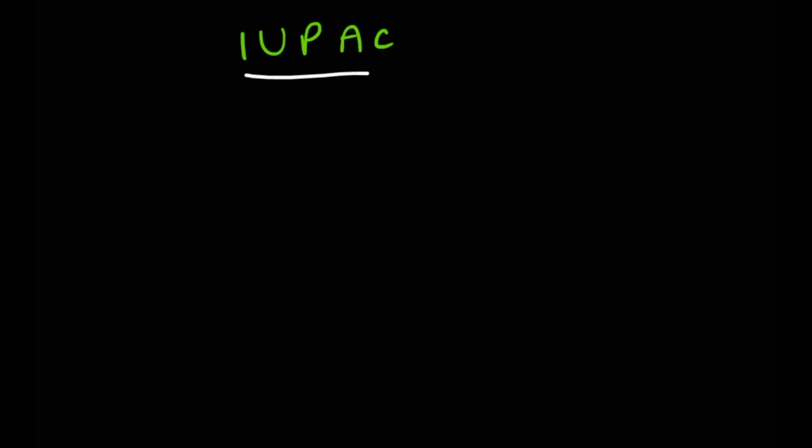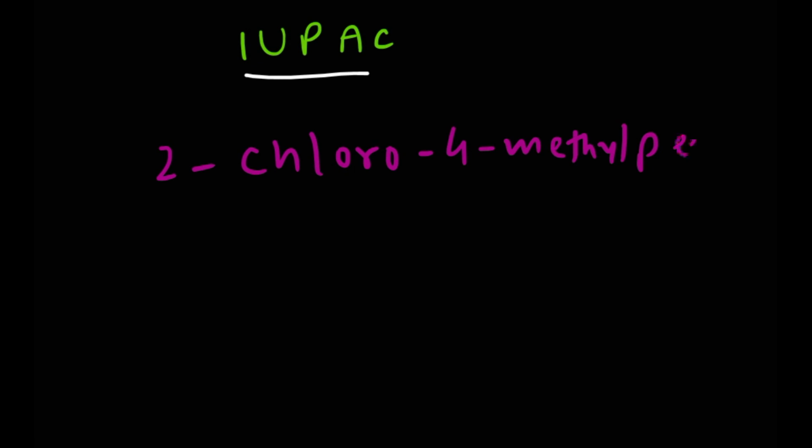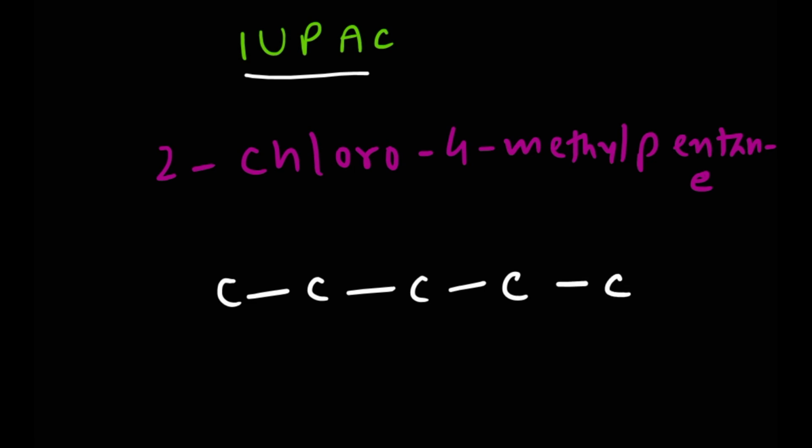Now the last problem is 2-chloro-4-methylpentane. Again we have to write first the skeleton: carbon, carbon, carbon, carbon, carbon, pentane means 5 carbon.